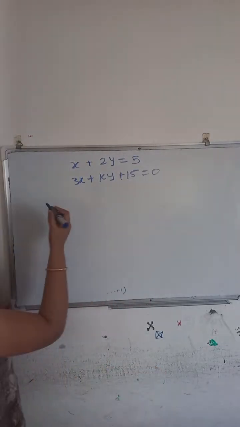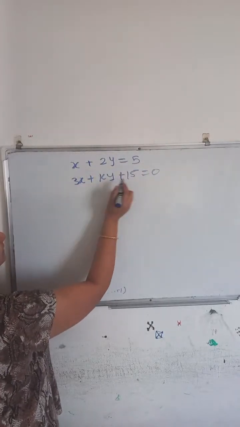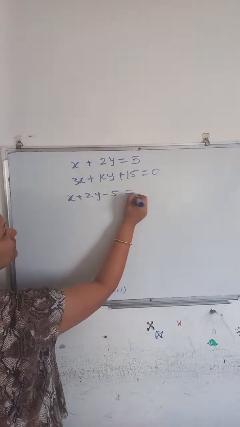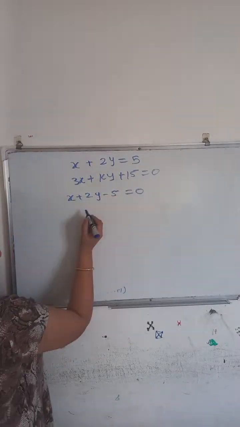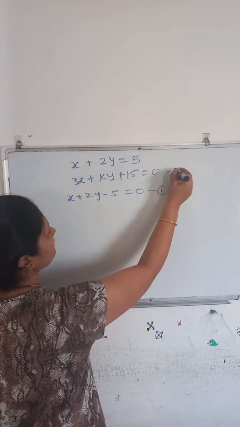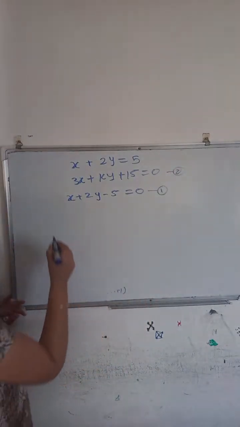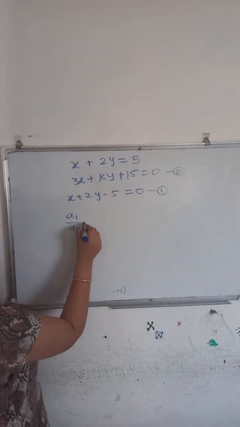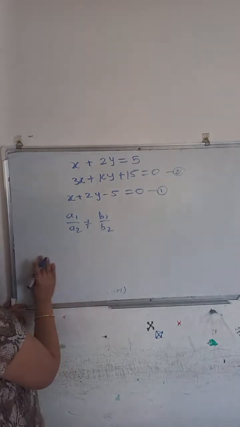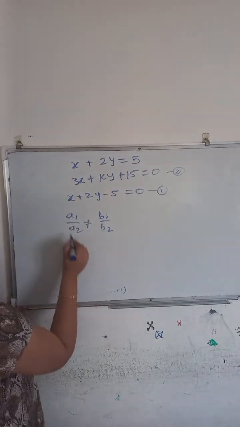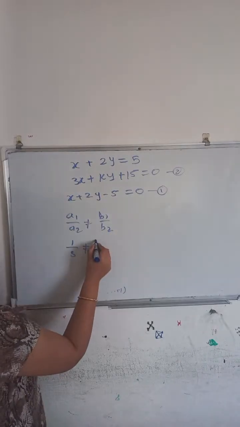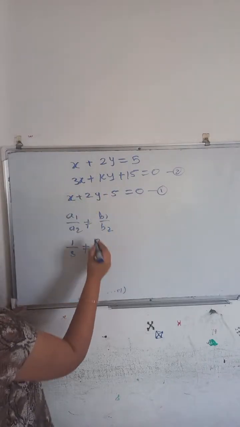Okay, so here what I will do, I'll rearrange this equation: x plus 2y minus 5 is equal to 0. Now this is my equation number 1 and this is my equation number 2. Don't make any mistakes. So here a1 by a2 is not equal to b1 by b2. Here a1 is 1, a2 is 3, which is not equal to 2 upon k.